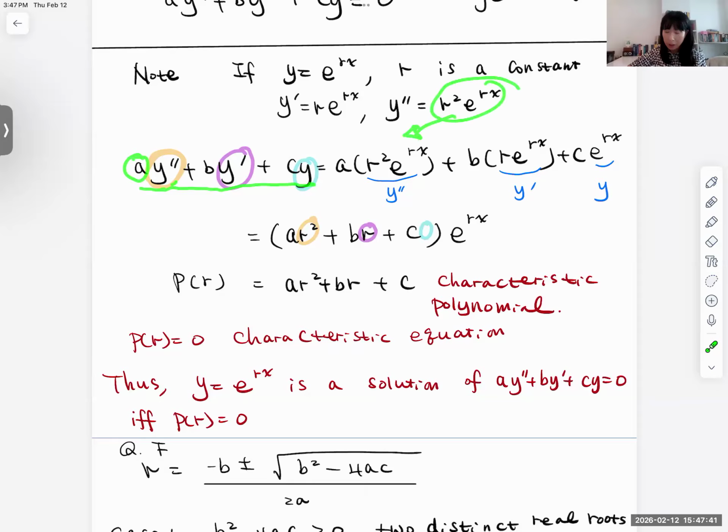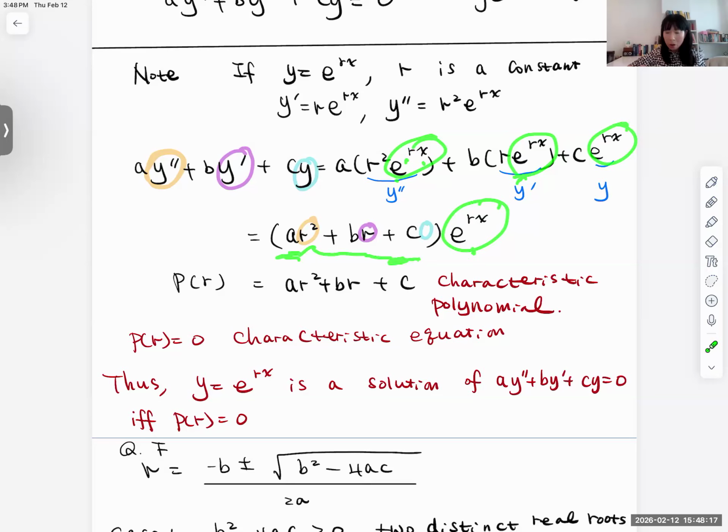We plug in y double prime, y prime, and y, which is e to the rx. Every term has e to the rx as a common factor, so we factor it out. The remaining part is ar squared plus br plus c.